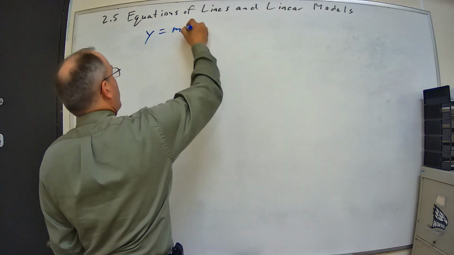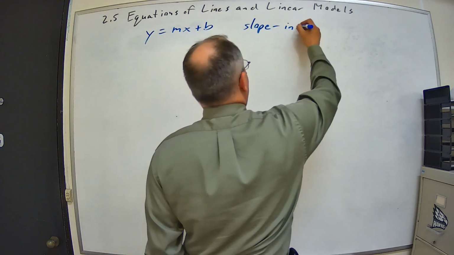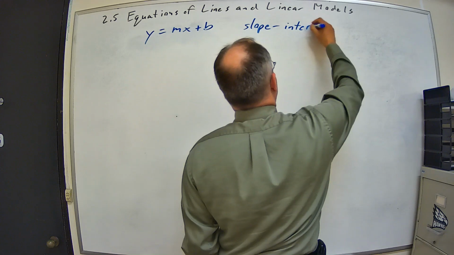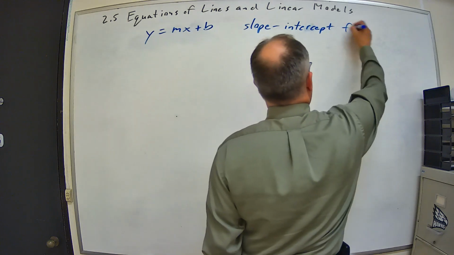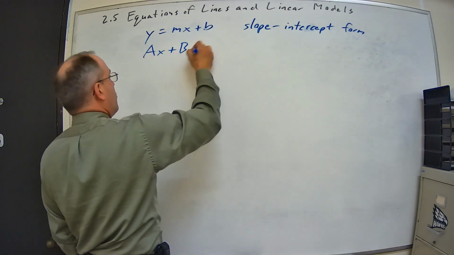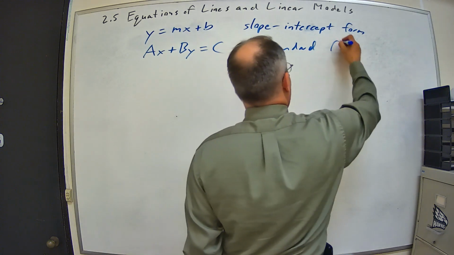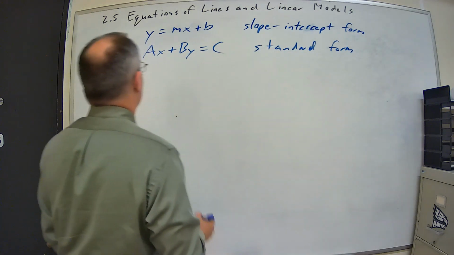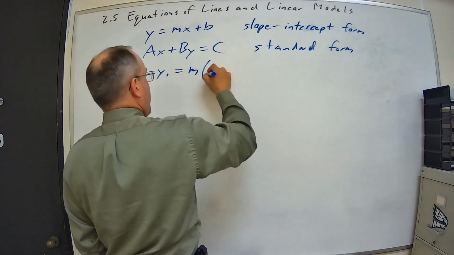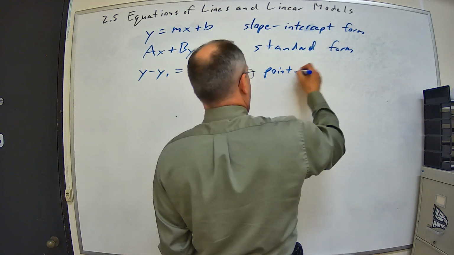y is equal to mx plus b, the slope-intercept form, ax plus by is equal to c, the standard form, and y minus y1 is equal to m times x minus x1, the point slope form.